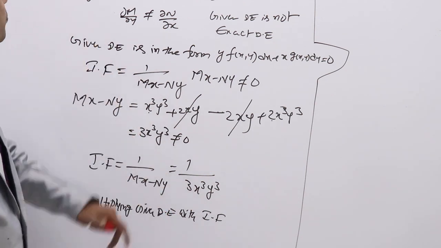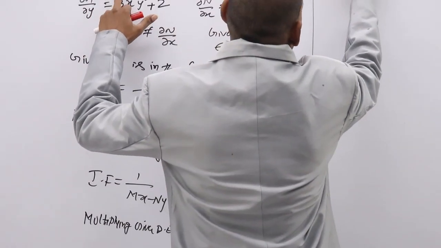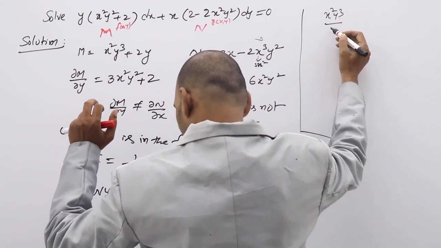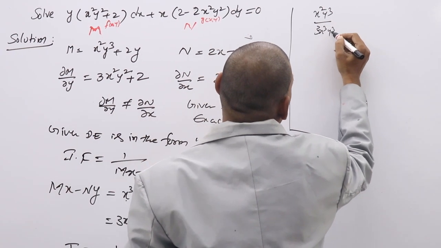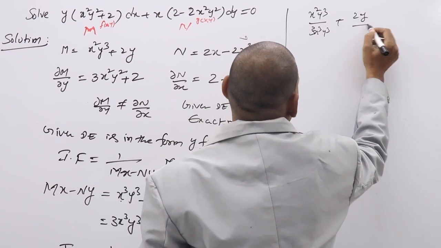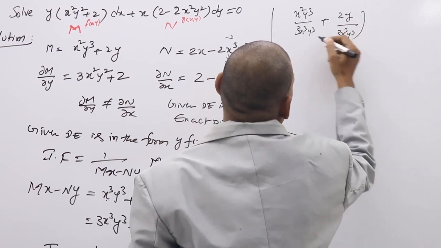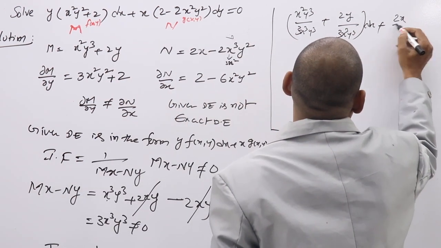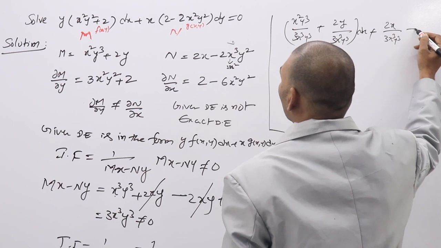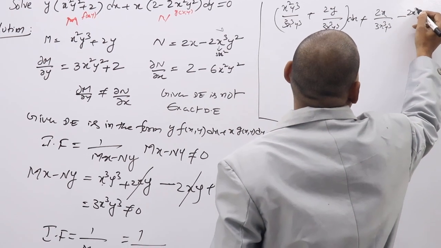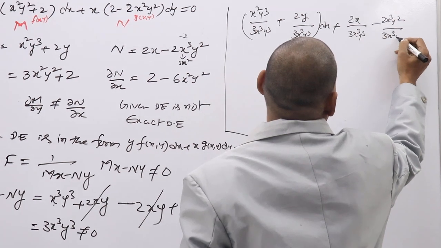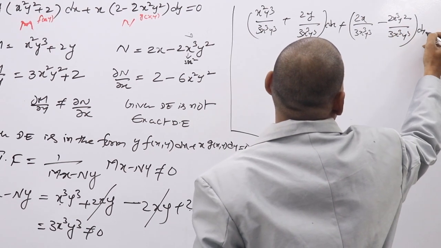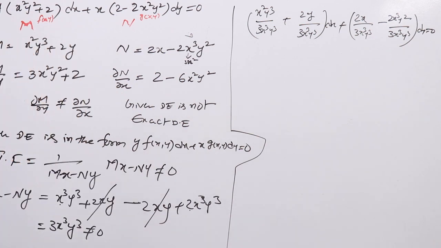Every term I am multiplying: x square y cube by 3x cube y cube, plus 2y by 3x cube y cube dx plus 2x by 3x cube y cube minus 2x cube y square by 3x cube y cube dy equal to 0. So multiplying each term with this term means dividing every term with 3x cube y cube.